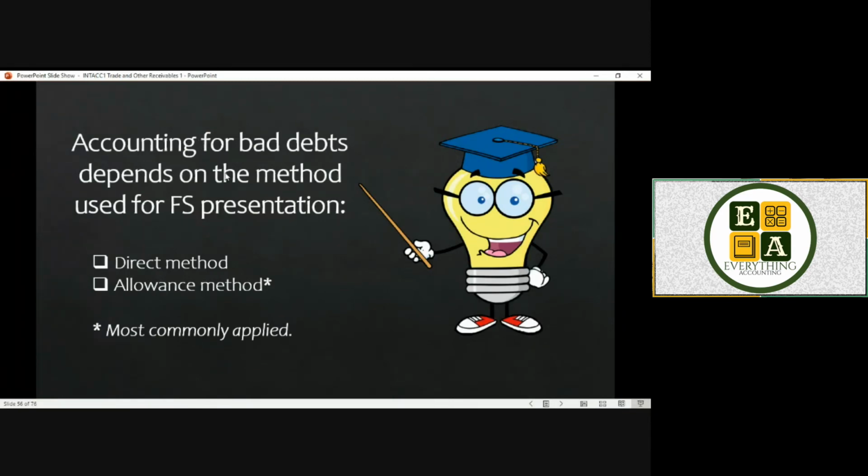Okay, so for accounting for bad debts, yung pag-account natin sa bad debts, depende kung anong method ng presentation yung ginagamit natin, whether it is direct method or allowance method. Allowance method, mas common siya between the two.